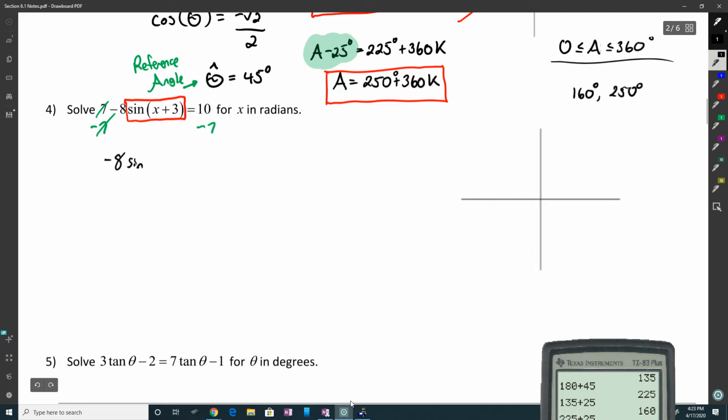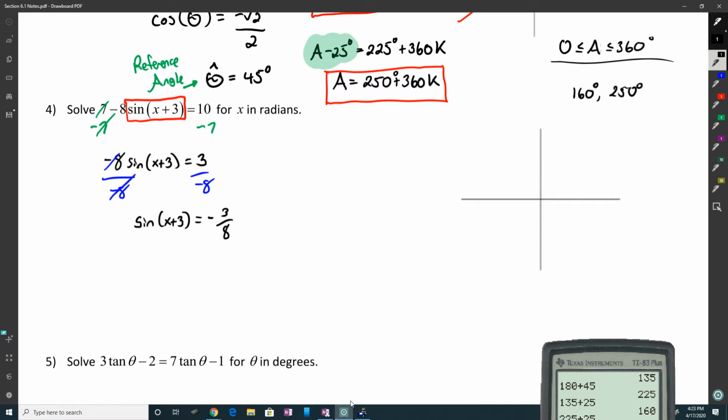Negative 8 sine of (x plus 3) equals 3. Then I can divide by negative 8. It's bad manners to have a negative in the denominator, so this is just negative 3/8.